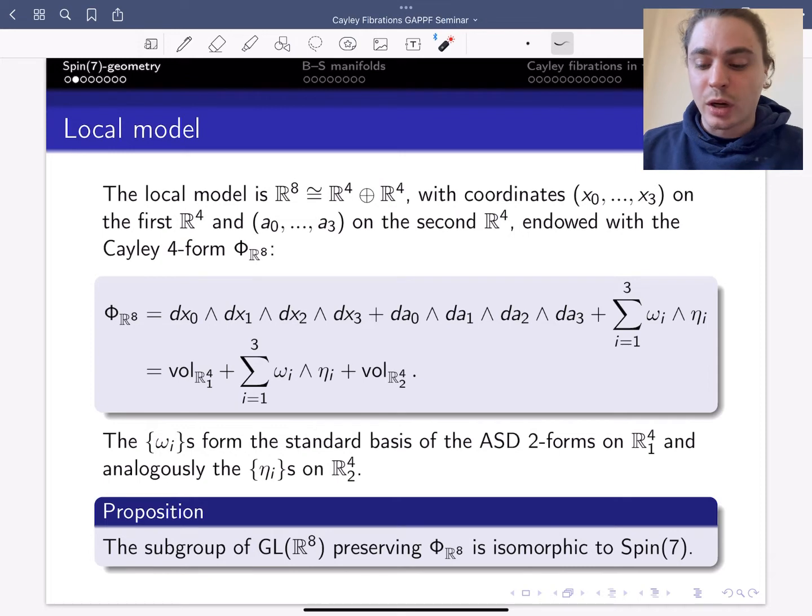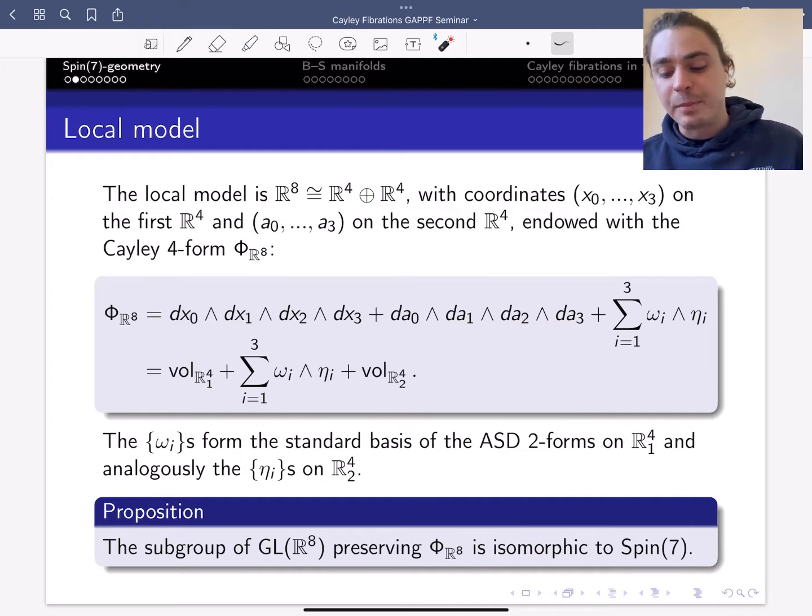dx0 wedge dx1 wedge dx2 wedge dx3 plus da0 wedge da1 wedge da2 wedge da3, plus the sum for i equal to 1 to 3 of omega i wedge eta i.